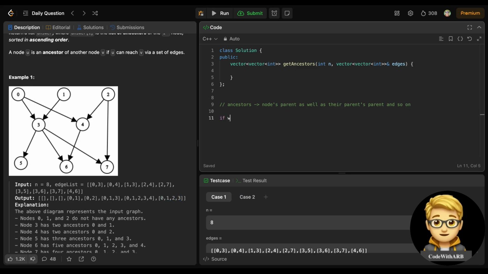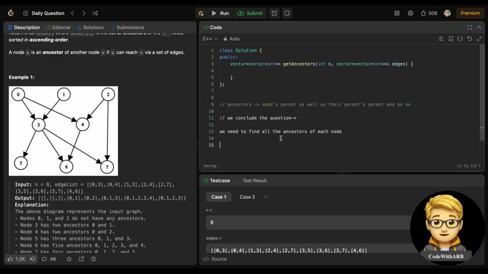So basically, to conclude the question, we need to find all the ancestors of each particular node, right?